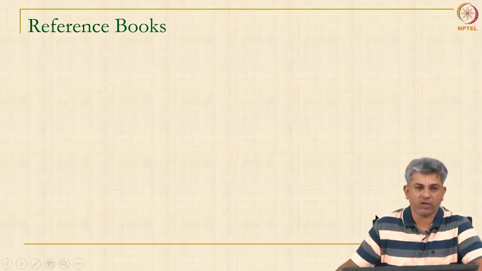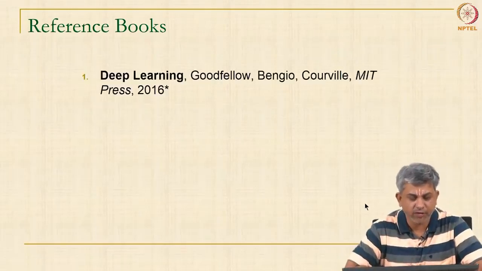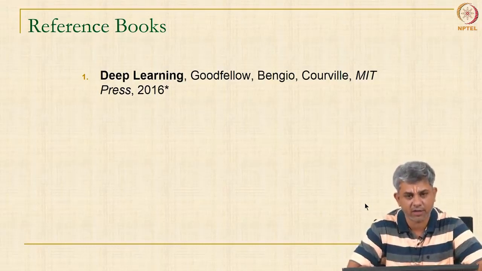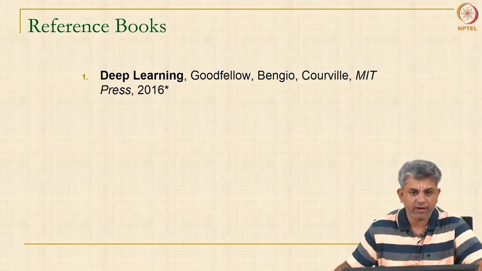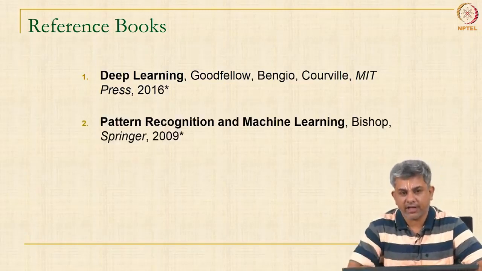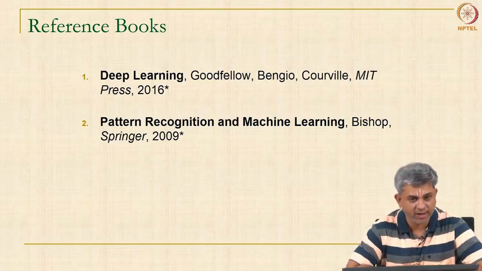The reference books for this course, the first is by now, even though this was published only in 2016, already treated as if it is a classic text. It is a very good text called Deep Learning by MIT Press. Goodfellow and Bengio etc. are all researchers in the field. The second is Pattern Recognition and Machine Learning. This is also a very good text, though it is a dense text.